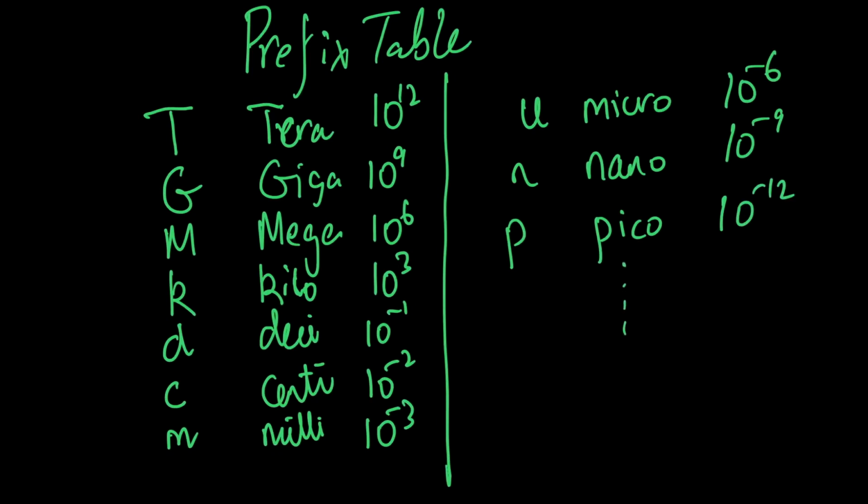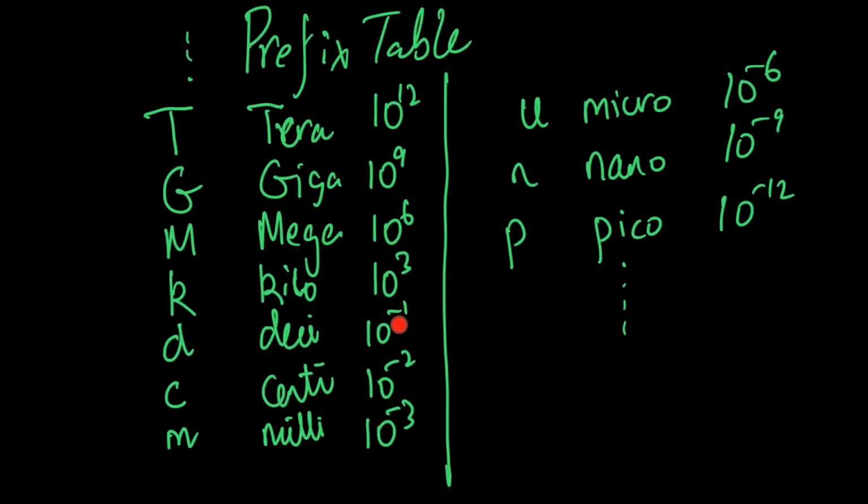The list actually goes this way and this way. On both sides the list is very long, but in your syllabus we will remain confined to these prefixes over here. One thing I always tell, please pronounce this correctly. This is not tera, this is tera, and C is centi, centi with a C, not with an S.